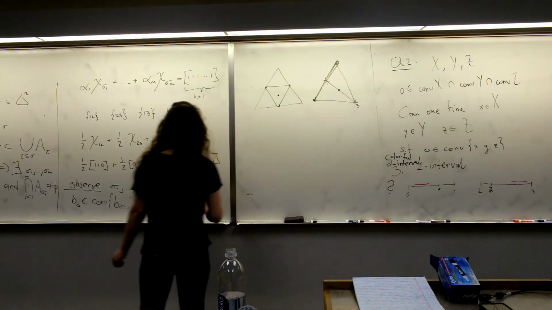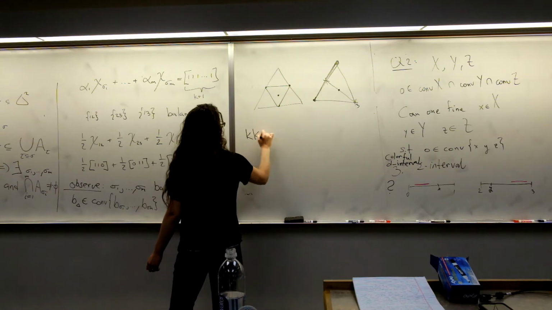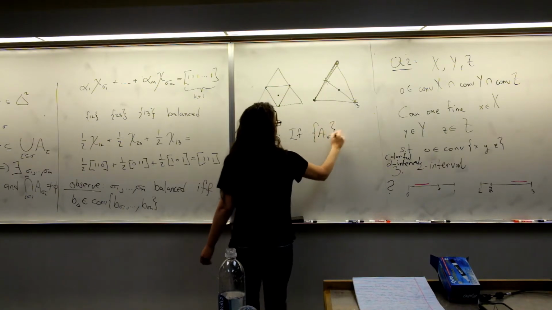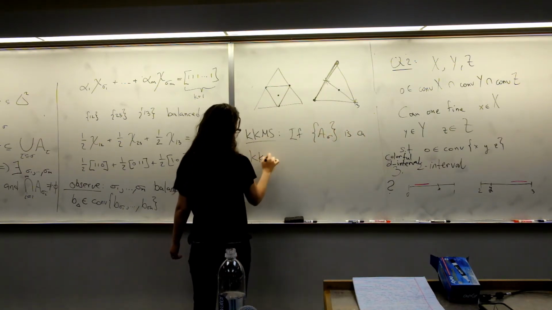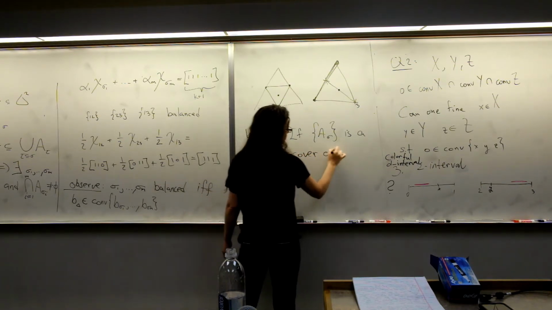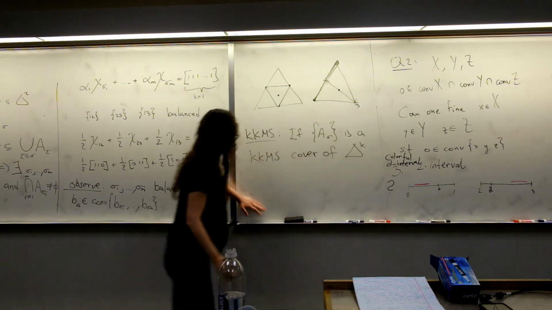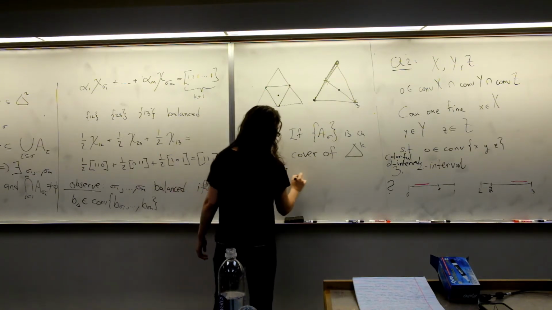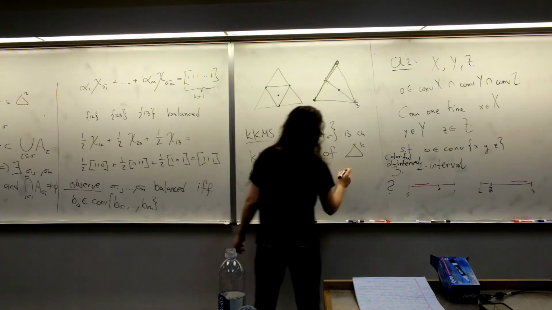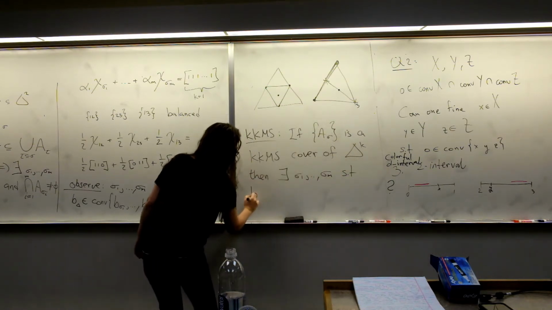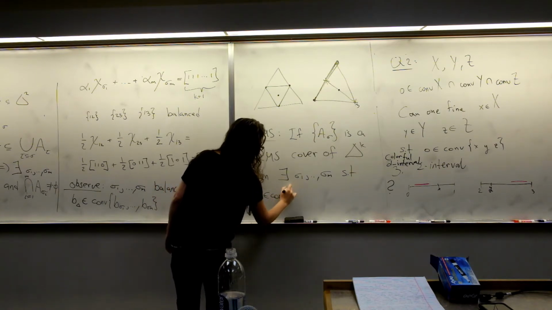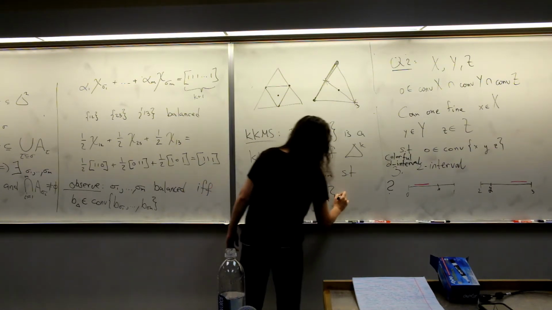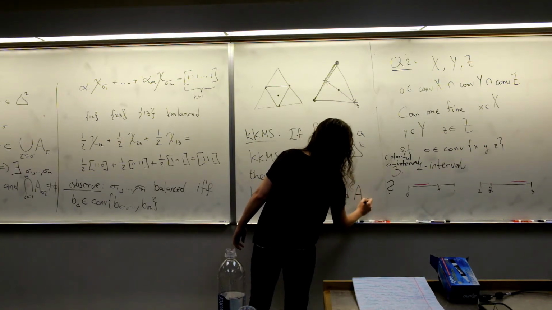So a restatement of the KKMS theorem is just that if A sigma is a KKMS cover of delta K, then there exists sigma 1 to sigma m such that the barycenter of delta is in the convex hull of the barycenters of sigma 1 to sigma m, and simultaneously the corresponding sets intersect.